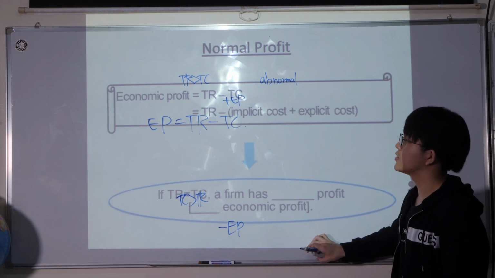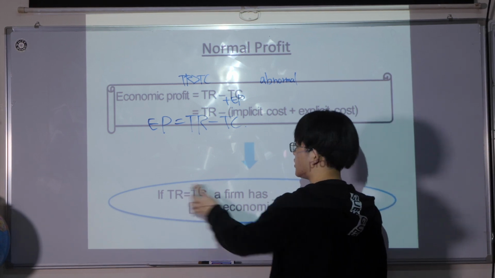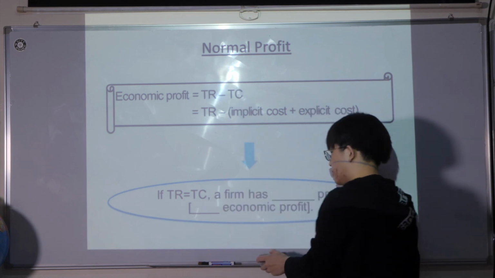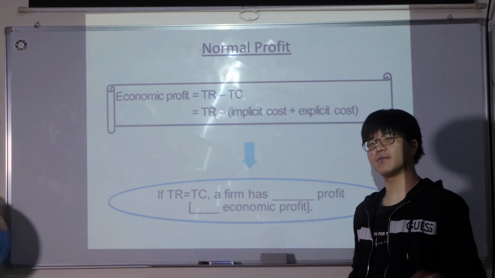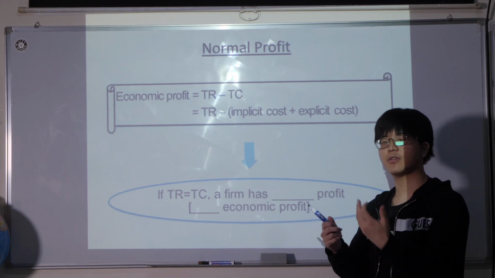Now we will study what normal profit means. I mentioned the term abnormal profit before, but since there is abnormal profit, we have normal profit as well. Abnormal profit is when you make a positive economic profit.